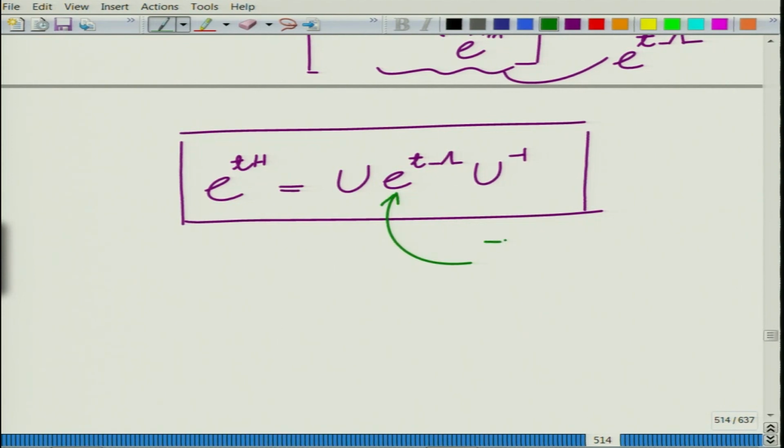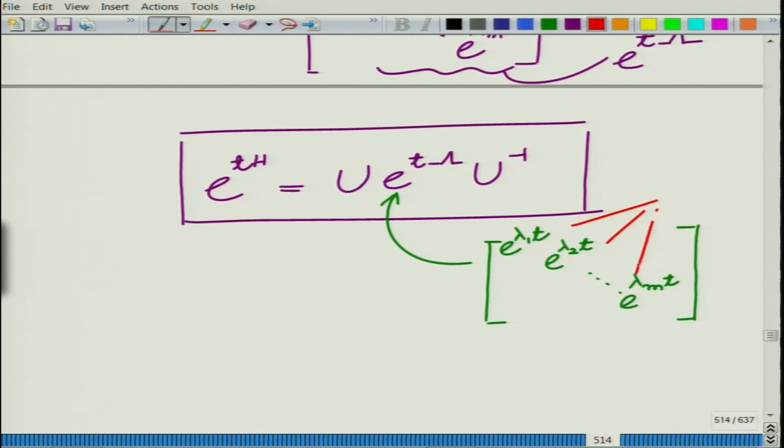You take the eigenvector matrix U and U inverse, and take each eigenvalue and raise e to that power: e raised to the power of t lambda 1, e raised to the power of t lambda 2, and so on. These are not matrix exponentials; these are scalar exponentials, e raised to the power of lambda 1 t, lambda 2 t, up to lambda m t.